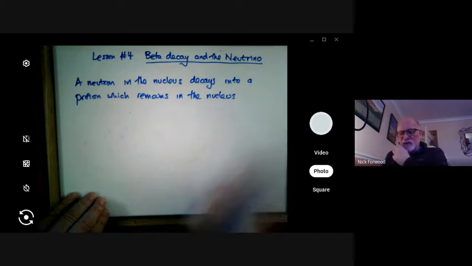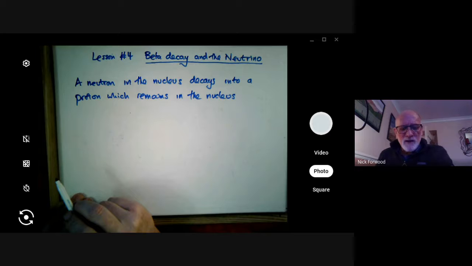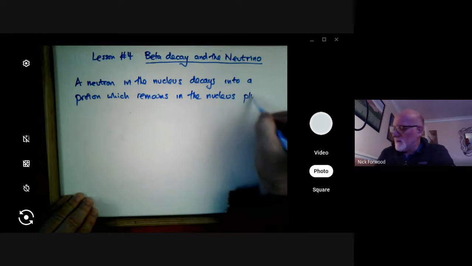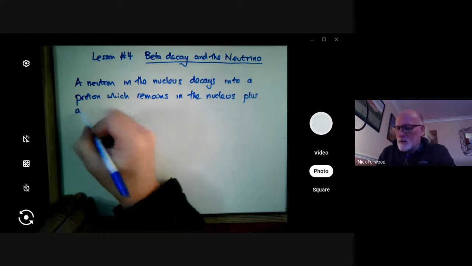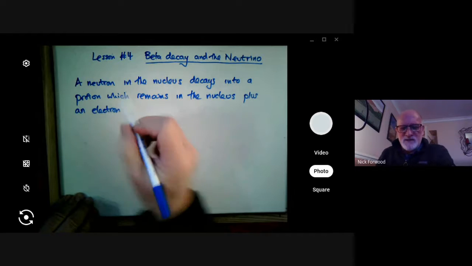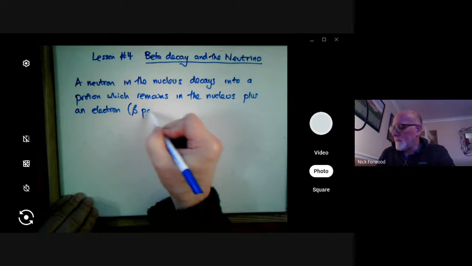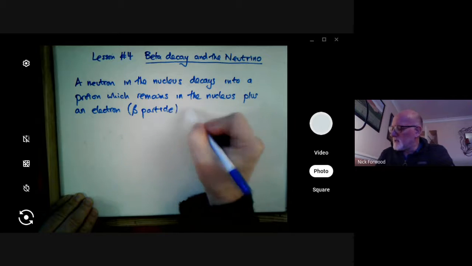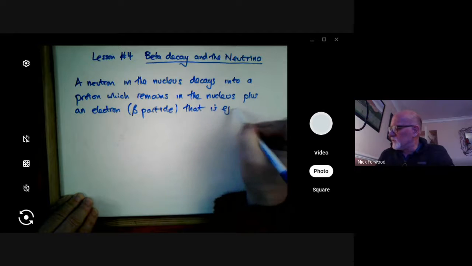If I'm going too fast for you, you can pause the video at any time. It remains in the nucleus, plus an electron, and that is the beta particle. That is ejected or emitted.